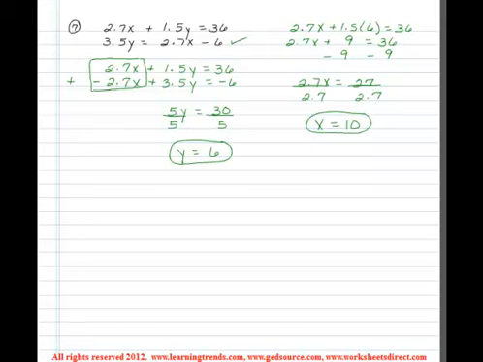We have one last problem on this worksheet, and that's number 8. Let's take a look at our last problem, number 8. Our two equations, we have 1.3x minus 3y equals a negative 17.6.